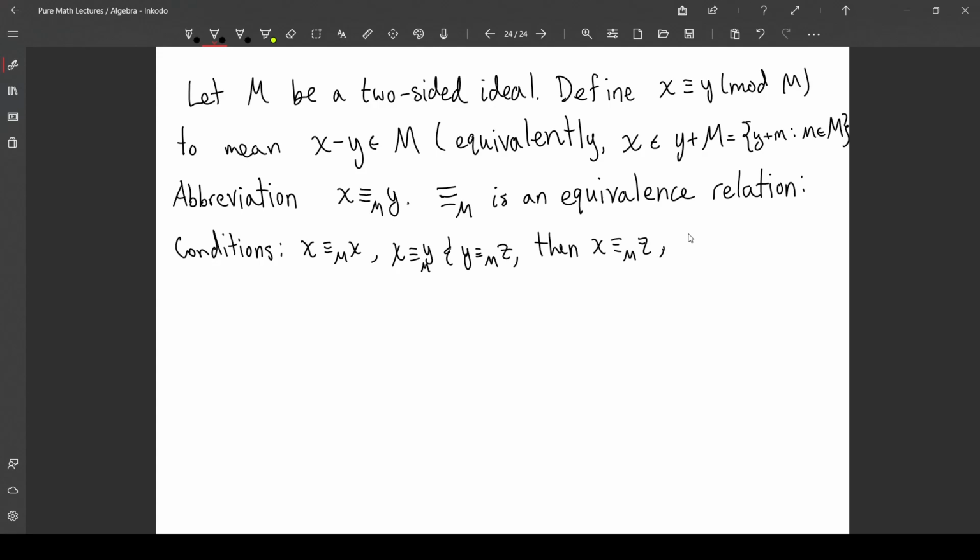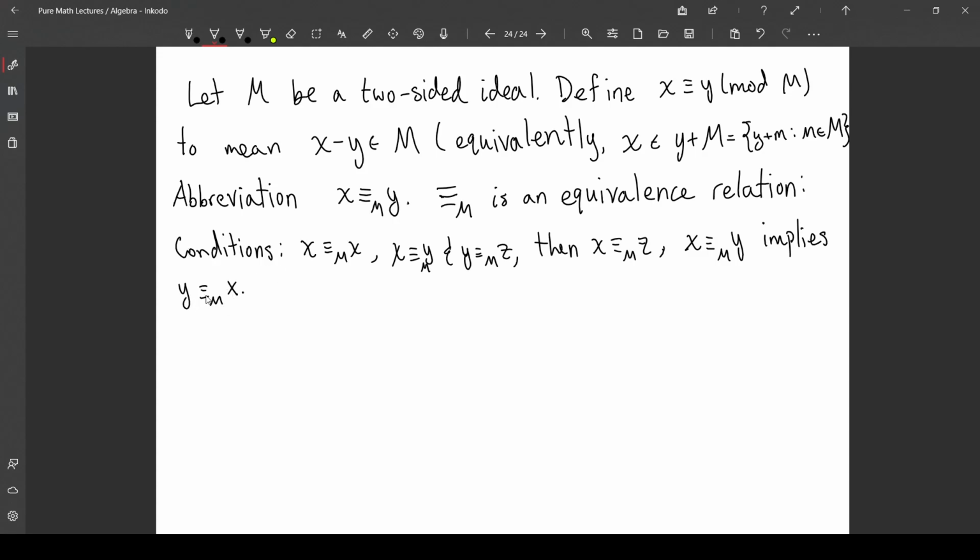And lastly, x congruent to y implies that y is congruent to x.